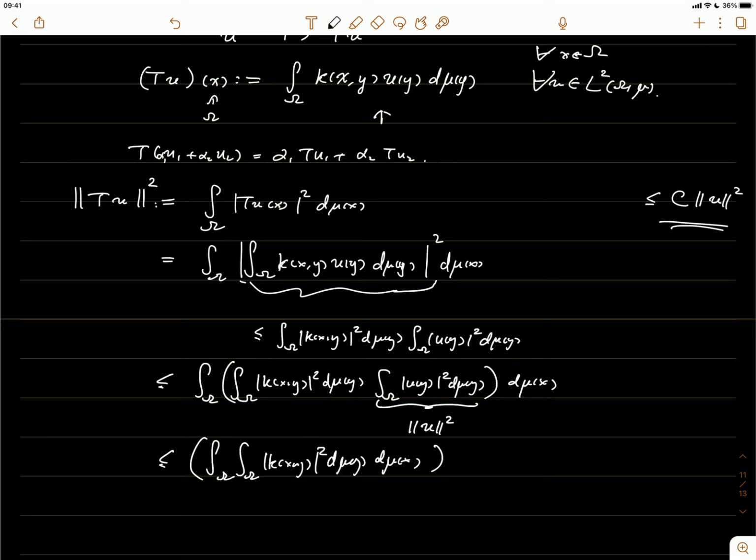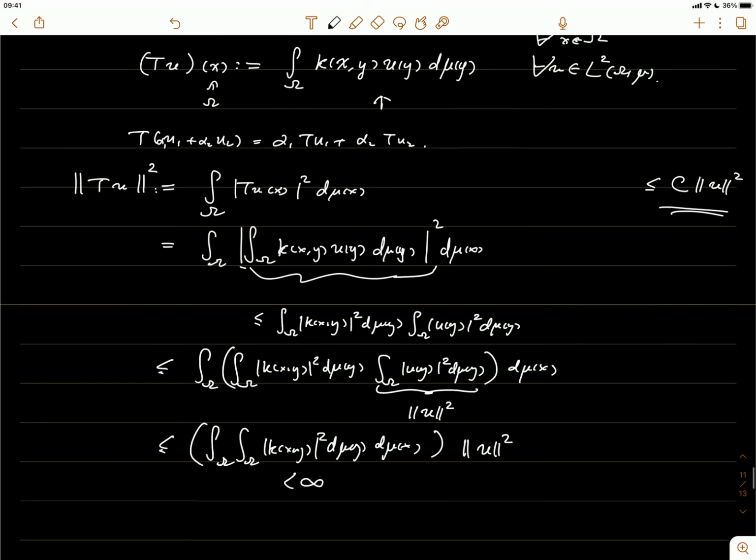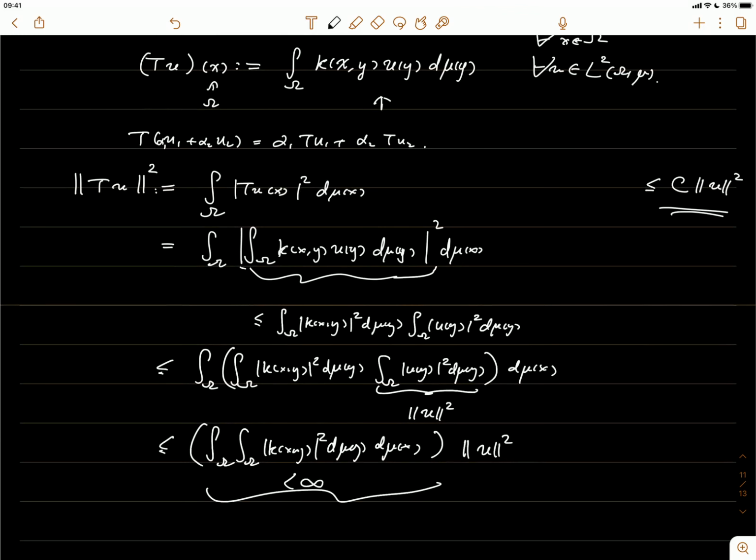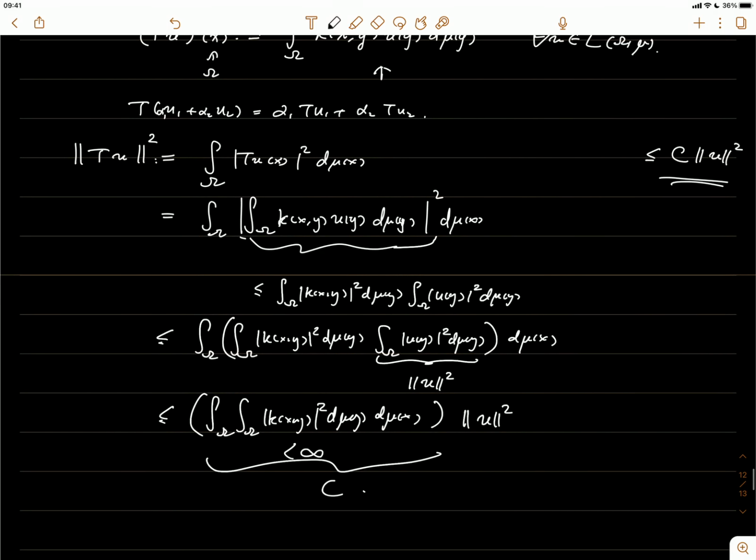And I know that this is going to be finite. It's a constant, so this is like our C here. So it's indeed a bounded linear functional.